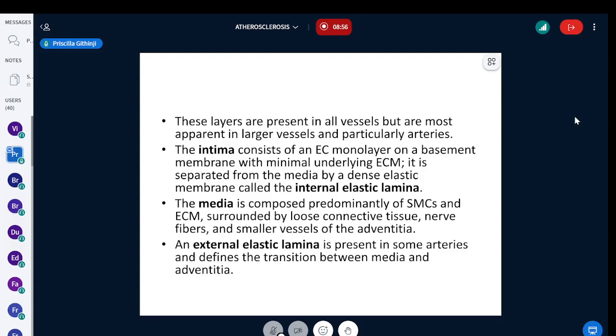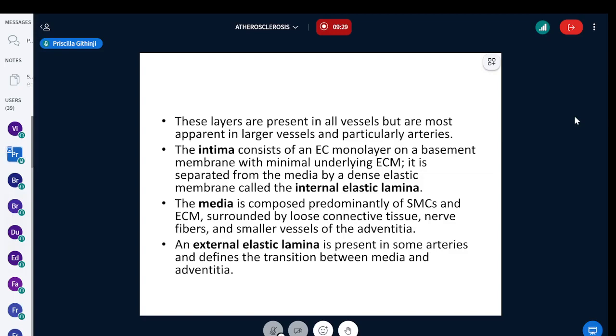The media, on the other hand, is composed predominantly of smooth muscle cells and extracellular matrix surrounded by loose connective tissue. It also has nerves, fibers, and small vessels of the adventitia. The blood vessel itself, as much as it is transporting blood to other parts of the body, remember it is also tissue. It has cells, and these smooth muscle cells and extracellular matrix all require oxygen.